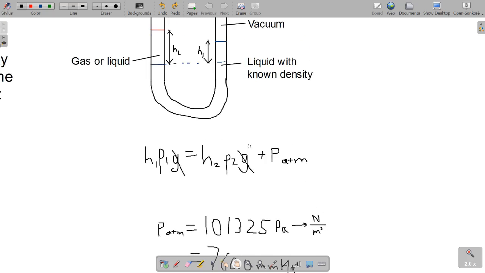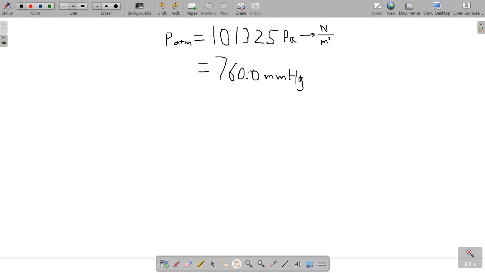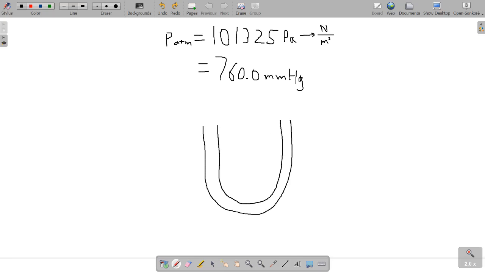It's basically the pressure exerted by 760 millimeters height of mercury.